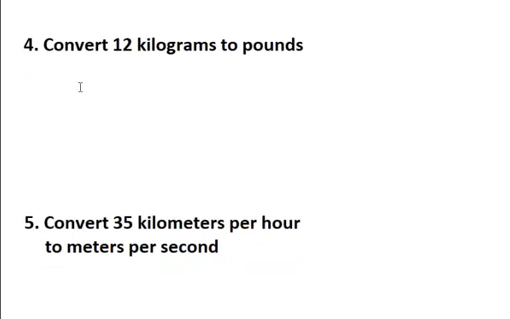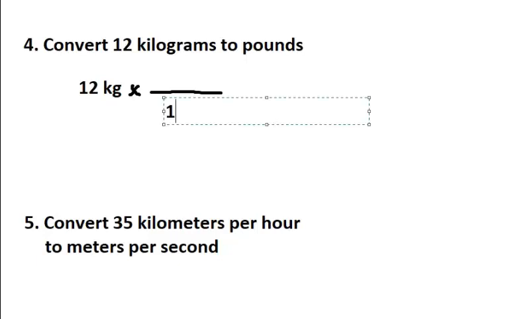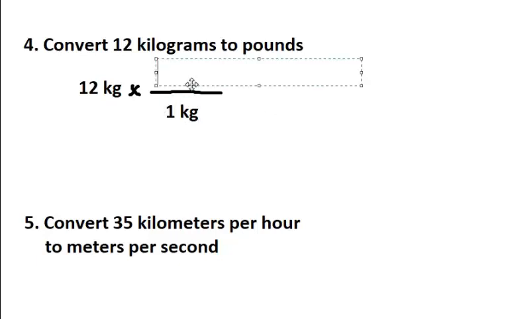As usual, I'm going to write the information I know, 12 kilograms, and I'm going to multiply. Okay, the first fraction needs to cancel the kilograms. So in order to cancel the kilograms, I'm going to put 1 kilogram down, and I'm going to put 1,000 grams up.